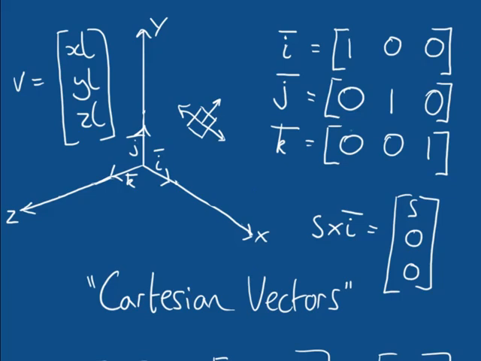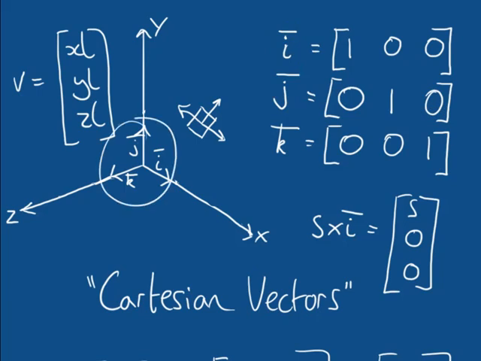Once again, just to recap, we have three vectors. Each of these vectors is 1 unit in length. I travels in the same direction as our x-axis, j travels in the same direction as our y-axis, and k travels in the same direction as our z-axis.